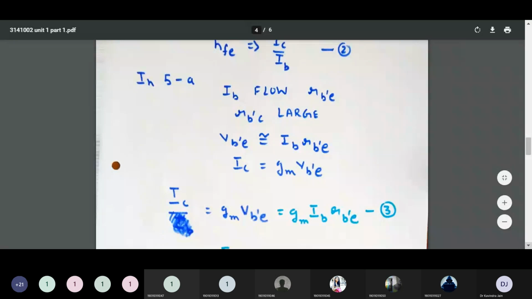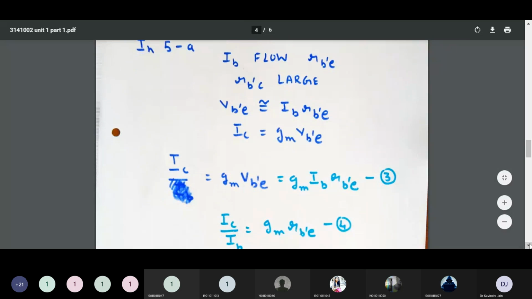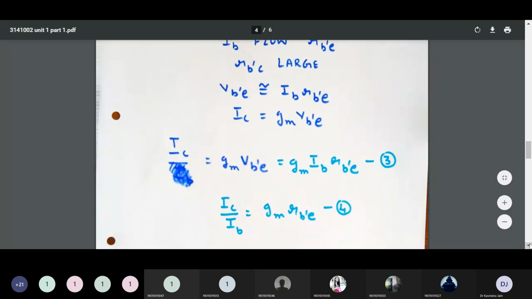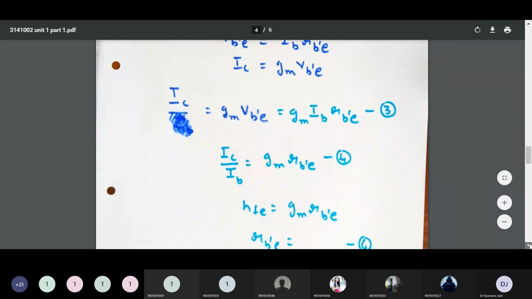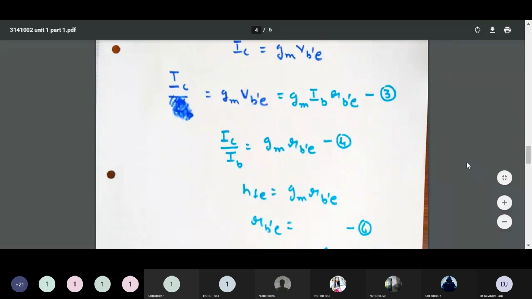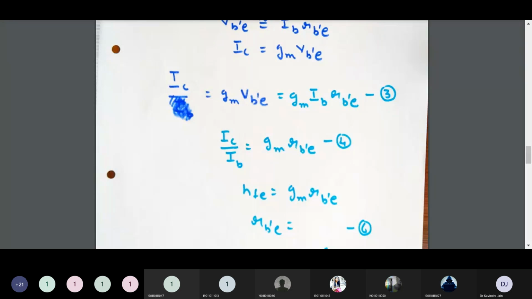Right? So now we have IC upon IB equal to GM into RB dash E, which is nothing but HFE. So if I want to calculate RB dash E from this equation, RB dash E is equal to HFE upon GM. Yes or no? Yes, sir.